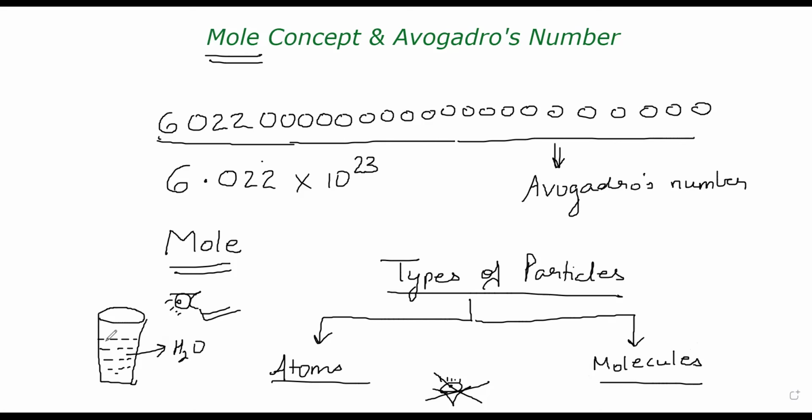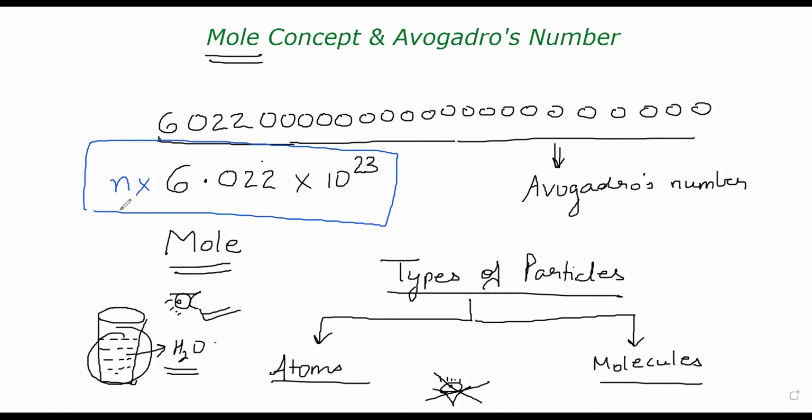But when I have a glass of water, then I can clearly see water inside it. It's simply because water has been taken in terms of moles. So the amount of water one has taken is a multiple of this number inside the glass. Hence, you are able to see water inside the glass.